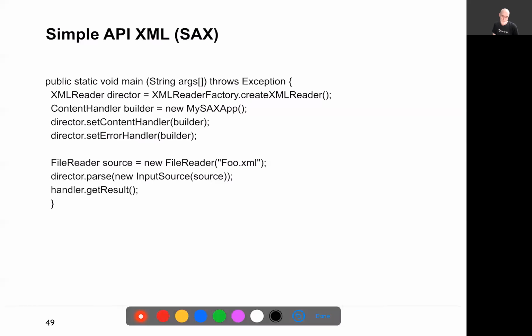And so here we're getting the director, implement a builder that implements the content handler interface. Pass in the builder to the director. Get our input file.